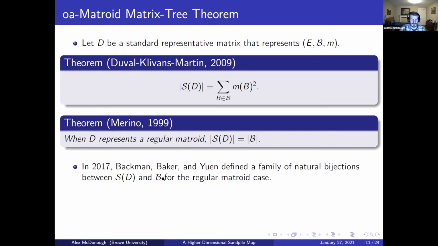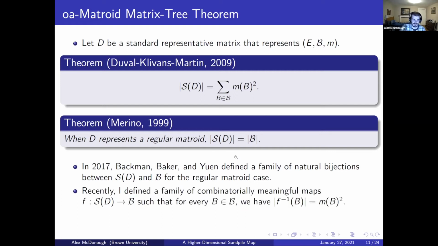Much more recently, Backman, Baker, and Yuen defined a family of bijections between the Sandpile group and the bases that has some natural structure to it. And what I did was extend this to the higher dimensional case. I found a family of maps from the Sandpile group to the bases such that the pre-image of every basis b has size multiplicity of b squared.